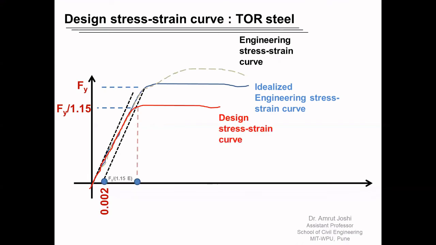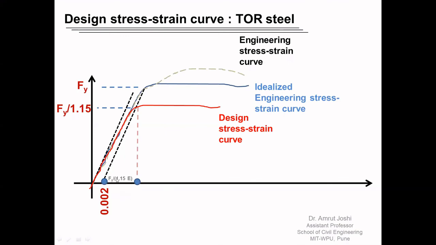Now, on the design stress strain curve, this blue dot represents the value of yield strain. So let us try and estimate this value of yield strain. Look at this triangle formed by the black dotted line, this red dotted line, and these two blue dots.